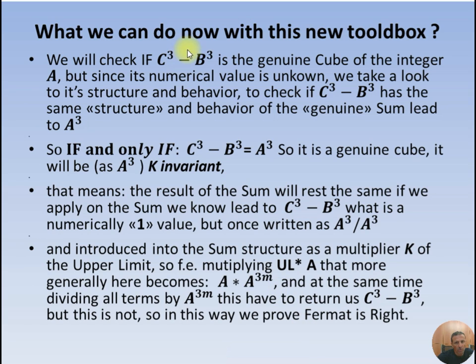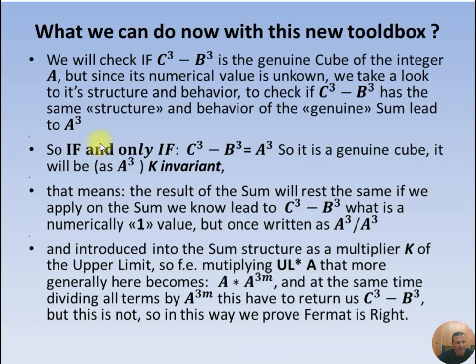So what can we do now with this new toolbox? We will check if c cube minus b cube is the genuine cube of an integer a. But since its numerical value is unknown, we take a look at its structure and its behavior. So to check if c cube minus b cube has the same structure and behavior of a genuine sum leading to a cube, we have to check if c cube minus b cube performs exactly as a cube.